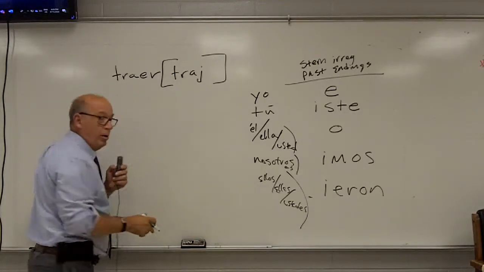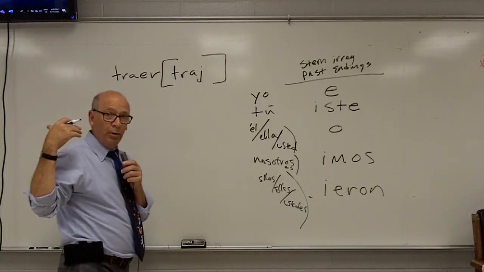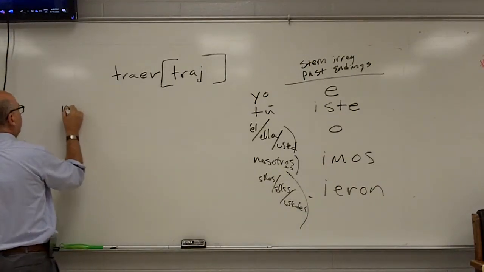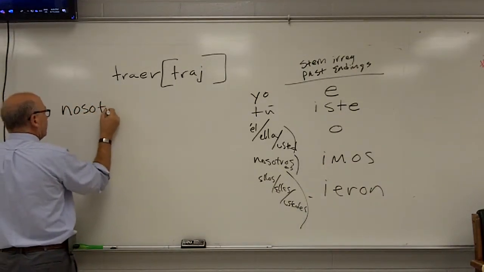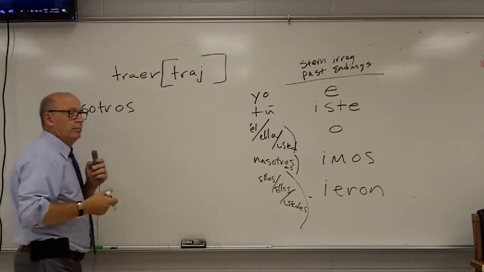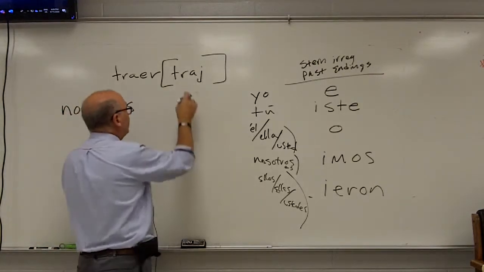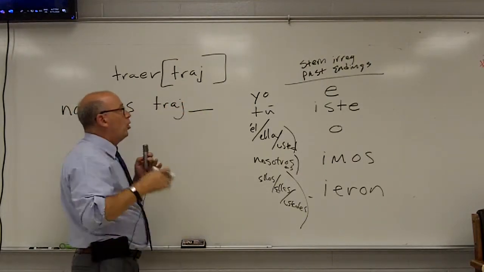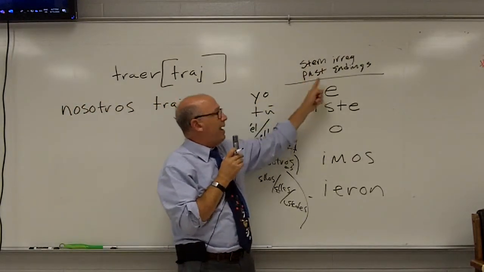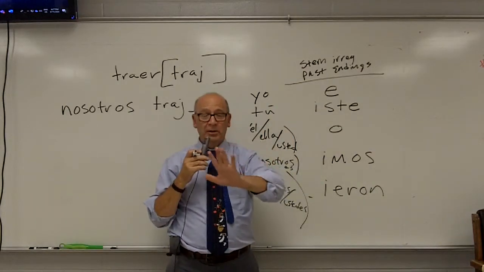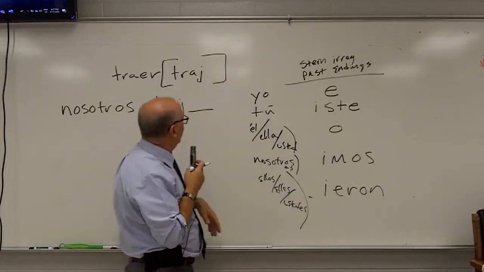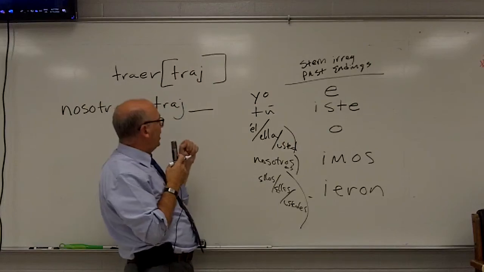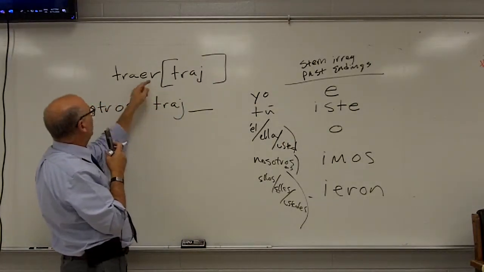So when we say, well, we brought hot dogs, we've got nosotros. Now we have our stem, T-R-A-J, and we go over here to our stem irregular past endings. That's its separate little category, okay? We didn't just say, oh, we'll take off the ER.